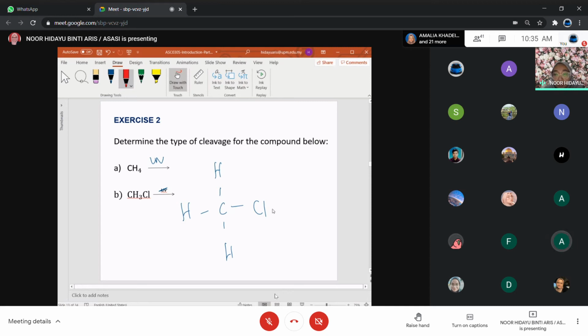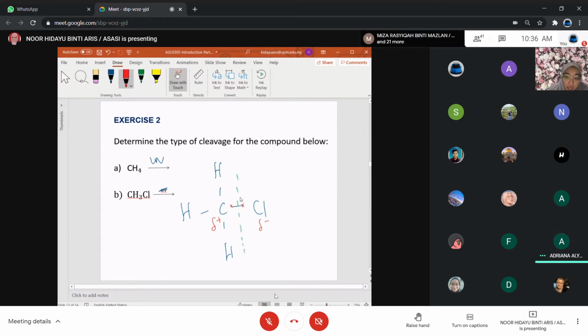So which one is partial positive? Which one is partial negative? Cl partial negative. So carbon will be partial positive. So bond breaking here, homolytic or heterolytic? Heterolytic. Satu bond ada 2 elektron. So elektron 2 ni nak bagi kat siapa?